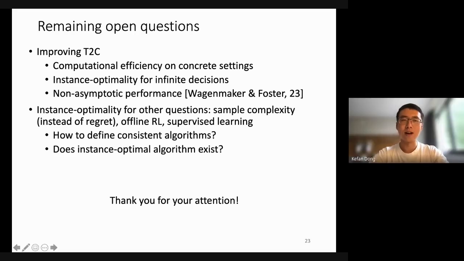Yes, that's a good question. I think the main difficulty there is in the definition of the complexity measure. Recall that our constraint is that for every other instance with a different optimal decision, you need to have the KL divergence bound. But if you have multiple optimal policies, there are multiple cases, right? Say the other instance has two optimal decisions and one is also optimal in the true instance, then for the lower bound part, we do not need to distinguish these two instances.